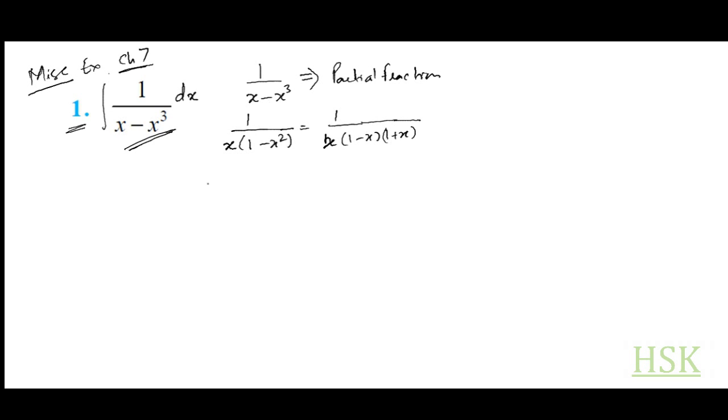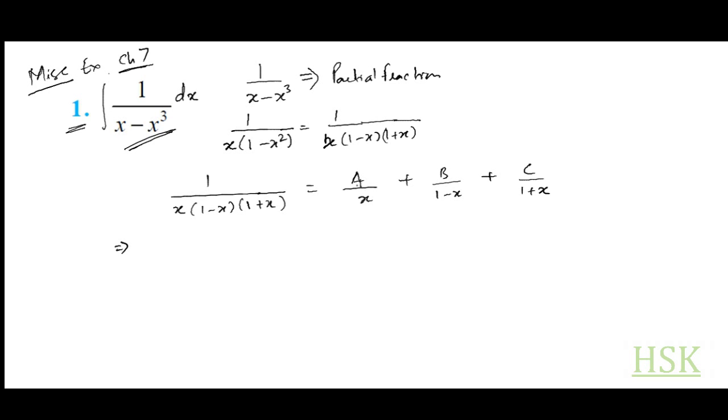So this expression can be written as 1 upon x into 1 minus x into 1 plus x equal to a upon x plus b upon 1 minus x plus c upon 1 plus x.